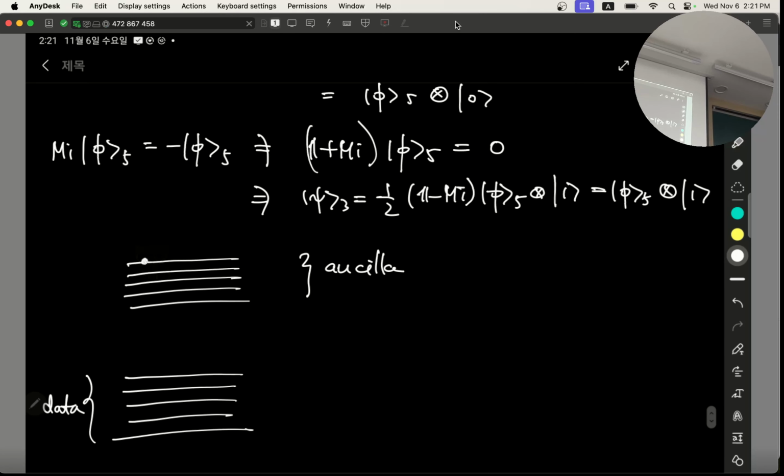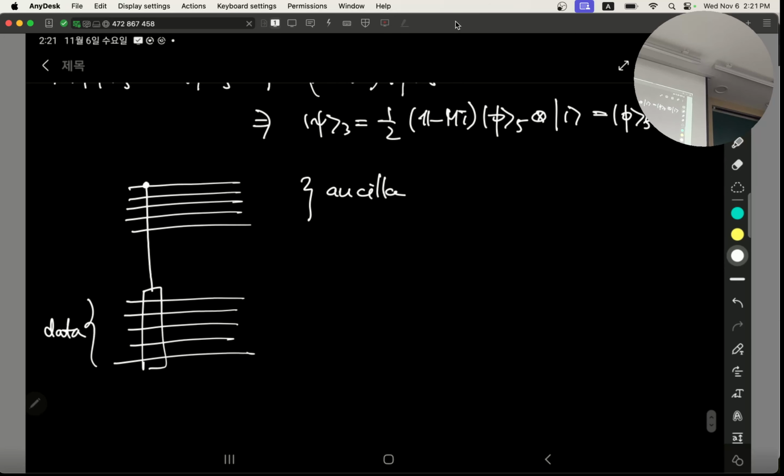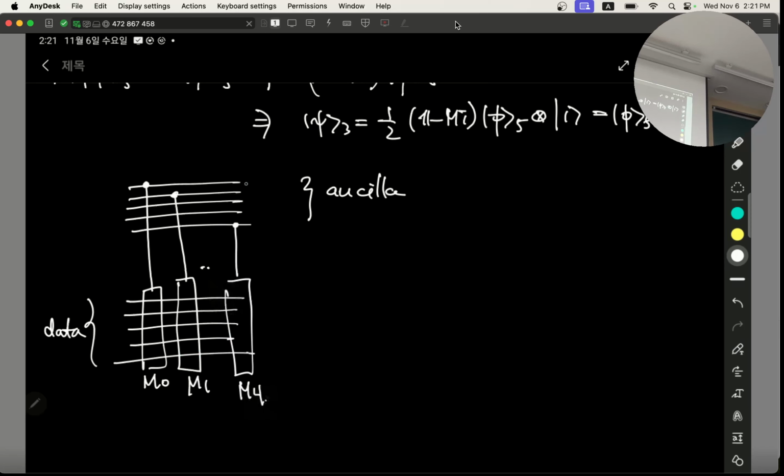So for each ancilla qubit, you apply, here's M0, and here you took the M1, and so on, up to the last one, M4. Then you take the measurement of all these 5 ancilla qubits to get 0 or 1.